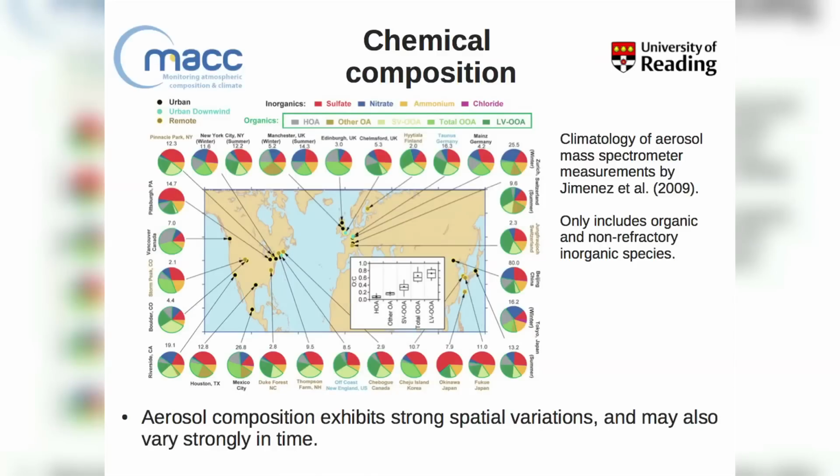So there is a wide variation spatially, but also temporally. If we look, for example, at Manchester in the UK, in winter, the aerosol is dominated by organics in terms of composition, whereas in summer, you see that nitrate and sulfate make about half of the aerosol mass.